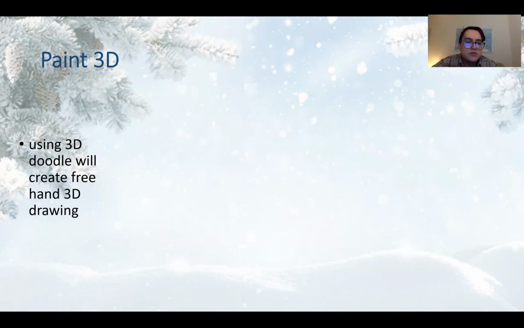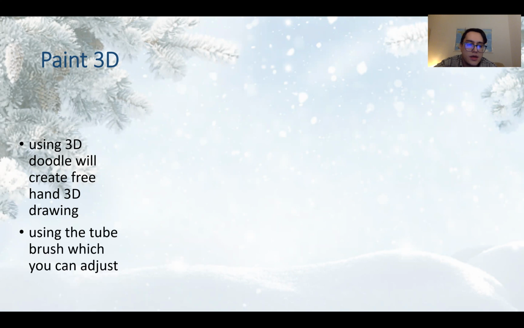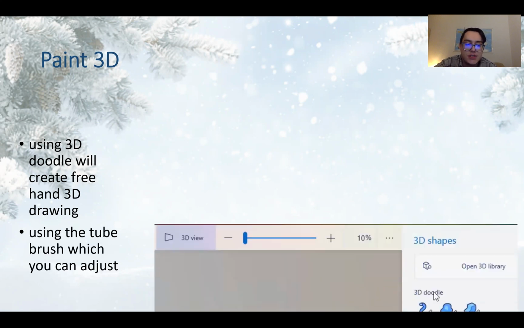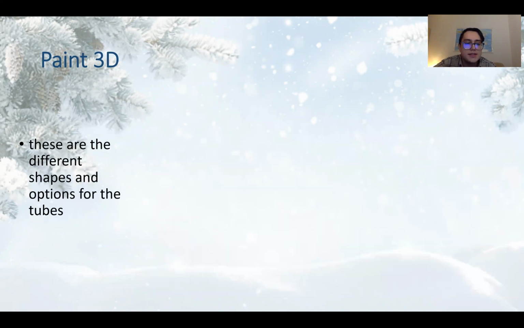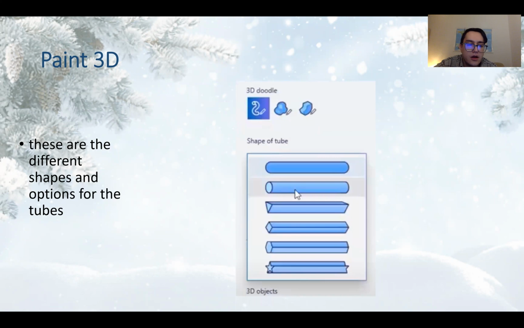Using 3D Doodle will create freehand 3D drawing using the tube brush, which you can adjust. These are different shapes and options for you to use for the tube, so you can choose which one you want to use for drawing as a 3D doodle.